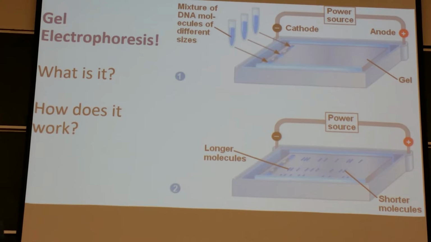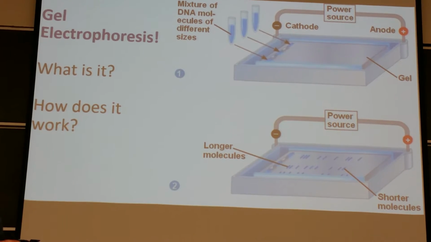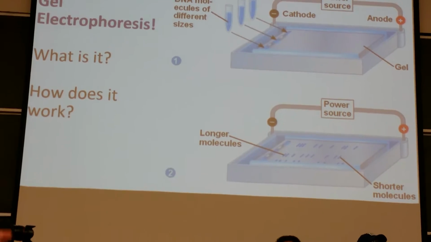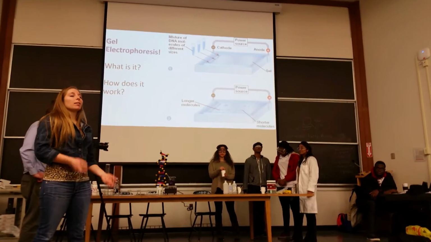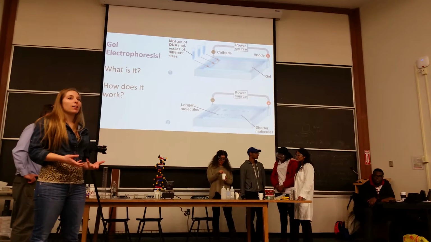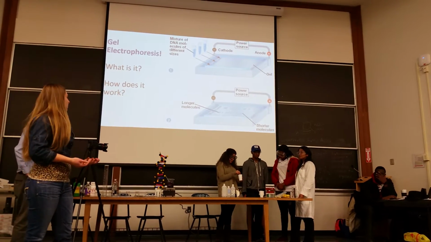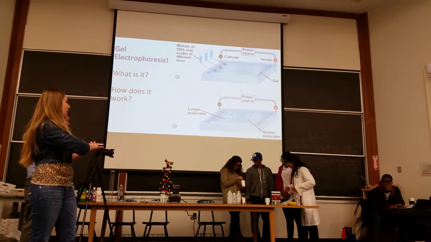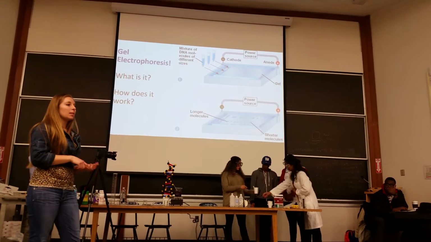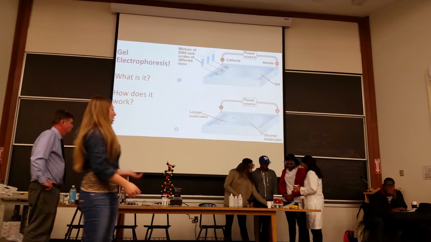And within this chamber is a gel, which is like a rectangular molded agarose medium, like a little jello conformation. It's liquid when it's heated, and then it solidifies when you put it into room temperature. And there's wells at the head of the gel in the negative part, and that's where you insert the DNA samples. And how does this work?